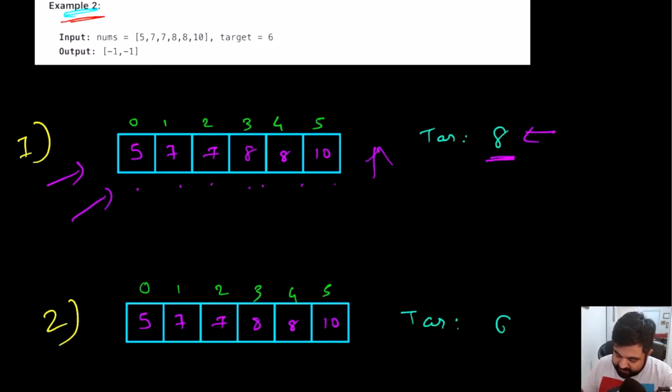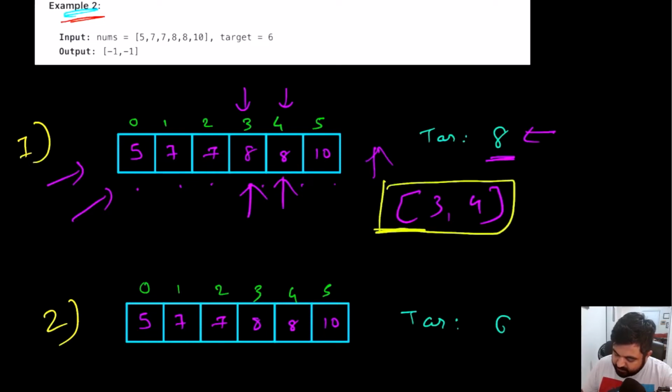We can clearly see that the first occurrence of 8 is here, where the index value is 3, so that is going to be part of the answer. And the last position of 8 is at index number 4, that is also going to be part of the answer. So the answer we need to return is 3 and 4.